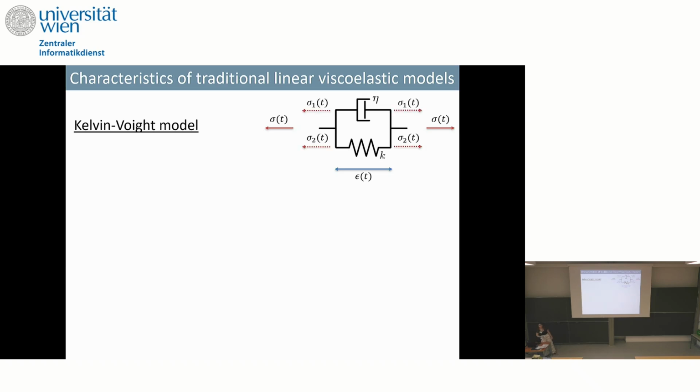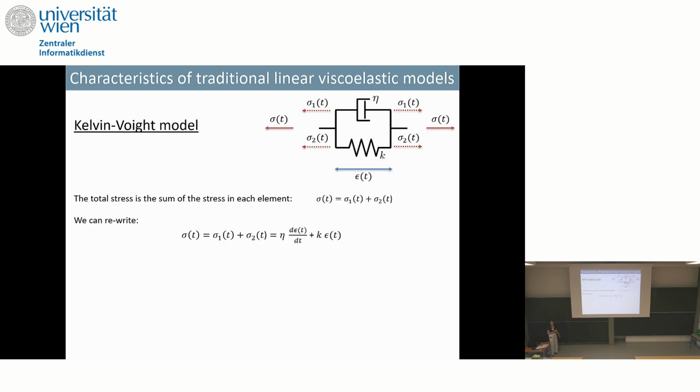But what we don't know is how the total stress is going to redistribute between the two branches. We know that the total stress is going to be given by the sum of the stress on the branch of the spring, or the first branch, and the stress on the second branch, the dashpot.